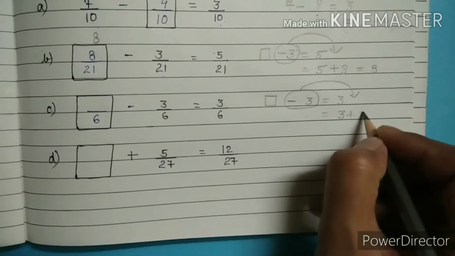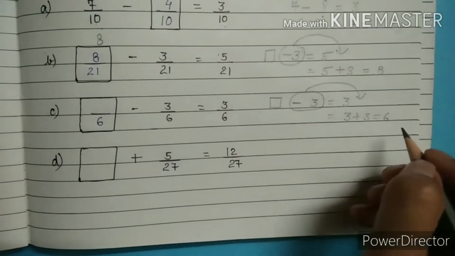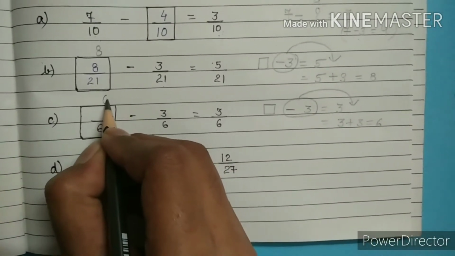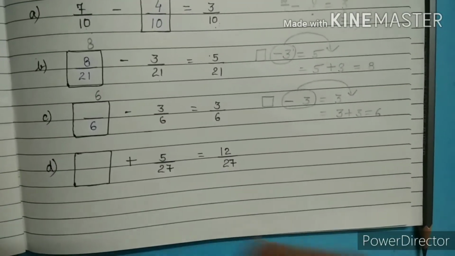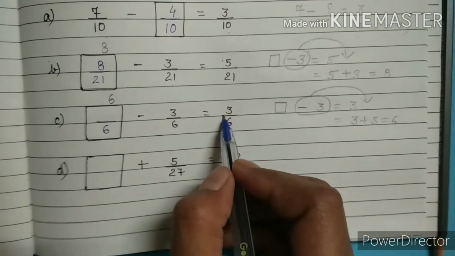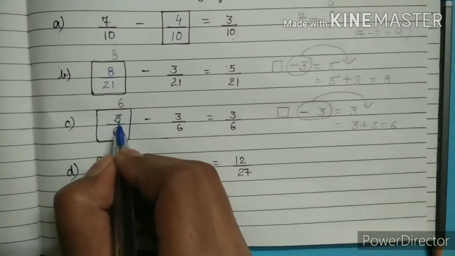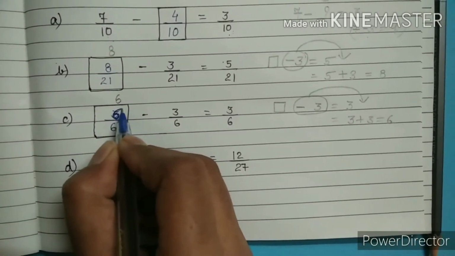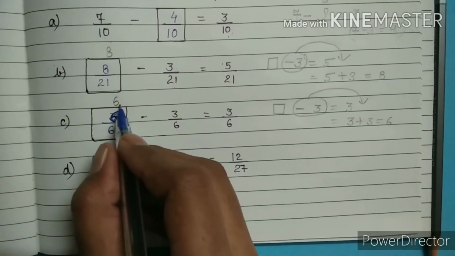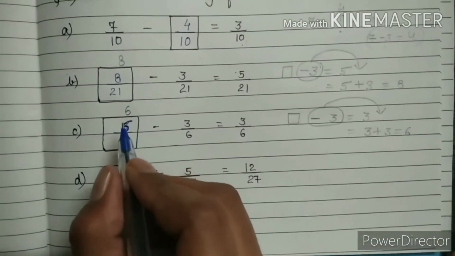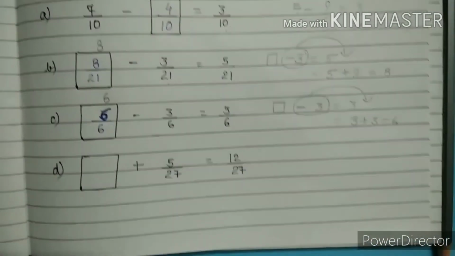So 3 plus 3 is 6. Let's check it. When we put 6 here, 6 minus 3, is it 3? Yes, absolutely right. That's why we put 6 here, because we checked it with 6 and we got the correct answer.